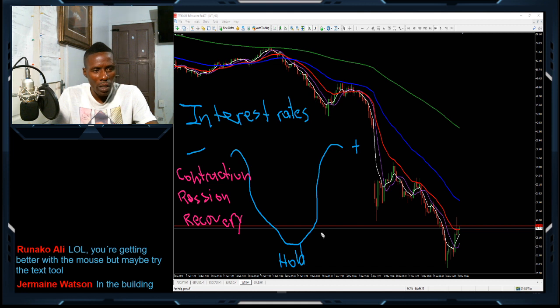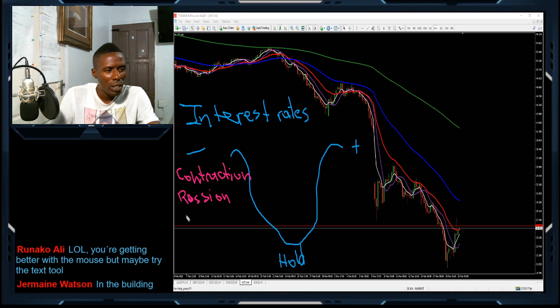We are coming out of the contraction. Recovery now, my bad. We are not at recovery yet. After the recession, we go all the way down to the slump, or maybe I would say bust.